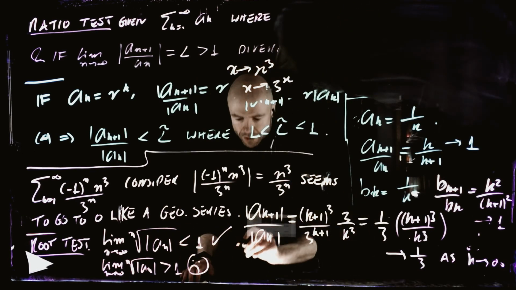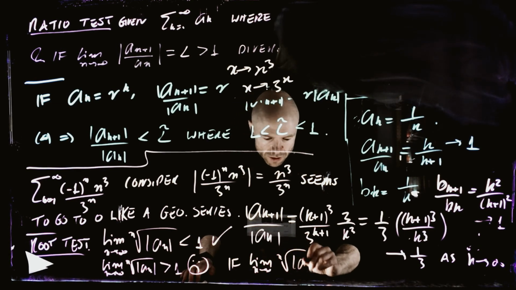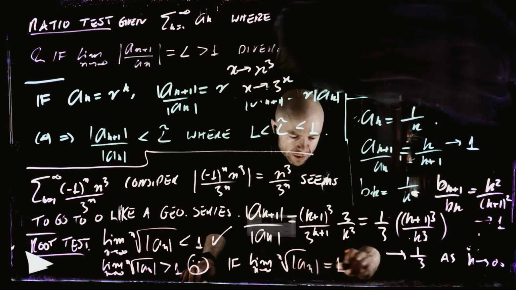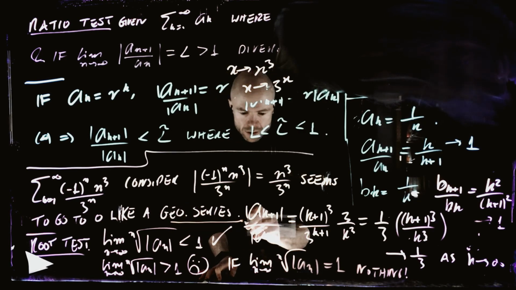Okay? And if the limit as n goes to infinity is less than 1, then it's good. If it's bigger than 1, then it's bad. And if the limit is equal to 1, then we don't know anything. Then nothing. Okay, so that is the root test.